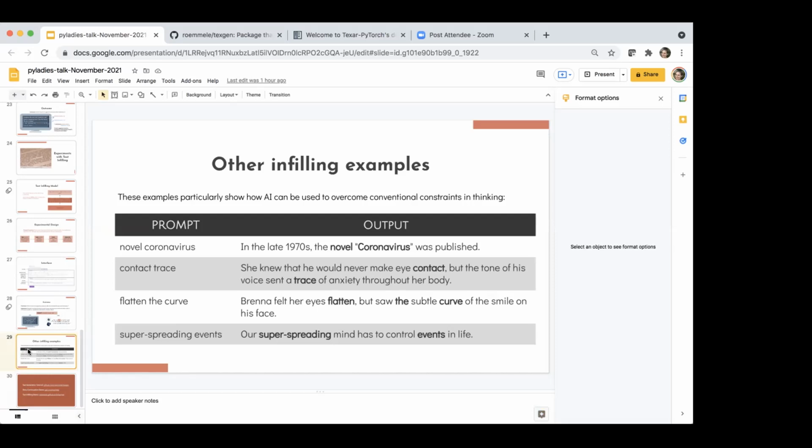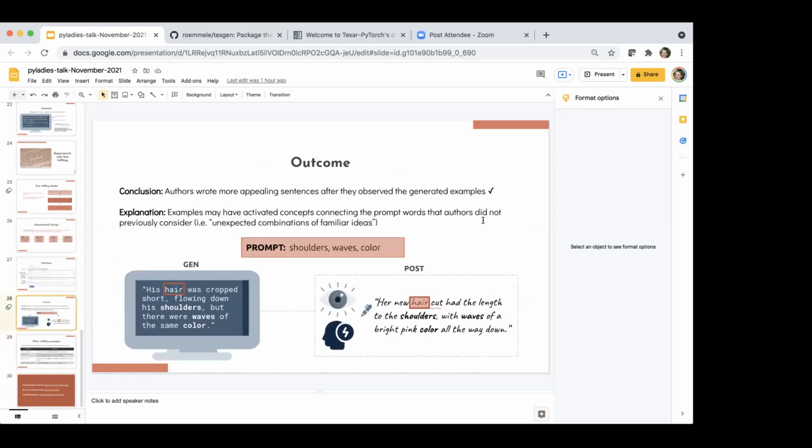Yeah, and the interesting thing with the infilling task and the particular experiment was that one thing you could think of is, were people just copying the generated output here? Is that why there was a difference between the pre and post sentences? But that actually was definitely not the case because people still preferred the human authored sentences to the generated ones. So we did a comparison, not just of the sentence that was written before seeing the generated examples and the sentence that was written after, but also comparing those to the generated examples themselves.